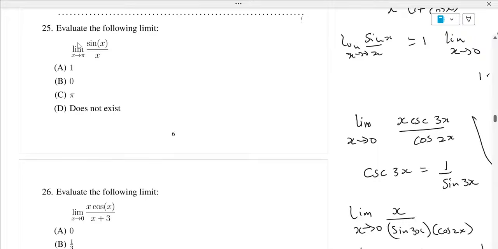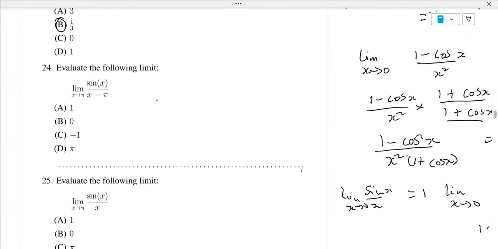So we are given sine x over x minus pi, right, as x approaches pi. Now what we can do is that we can use substitution here. So we let u be equal to x minus pi.